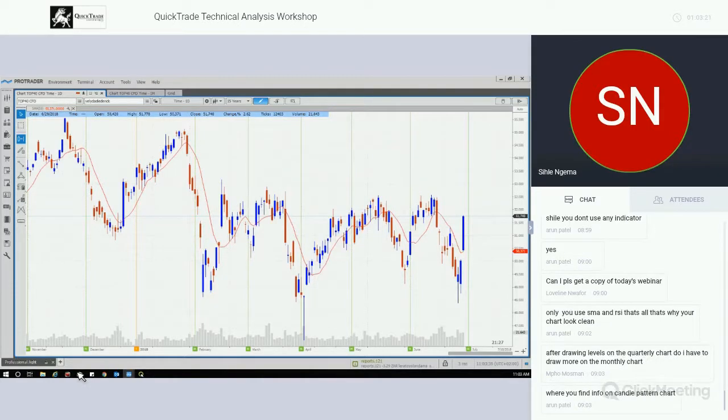Yes, you can do that. After drawing your lines on the quarterly, you can actually do that on the monthly also. But the main thing to do is to make sure that after the quarter has ended, you draw the line where it ends and check whether your market on the weekly is trading above the simple moving average on the weekly.